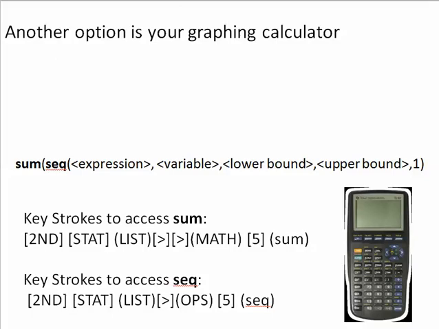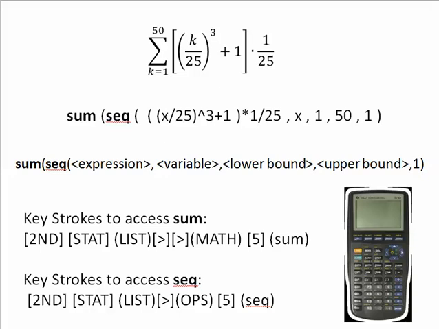And as I said, if you have a graphing calculator, these are some instructions for the TI-84. And for our particular summation, these would be the commands. But the graphing calculators all vary, and even the TI-84, depending on which version you have, the instructions are going to vary. So you really should check your manual.